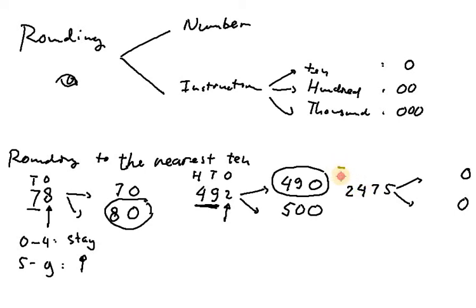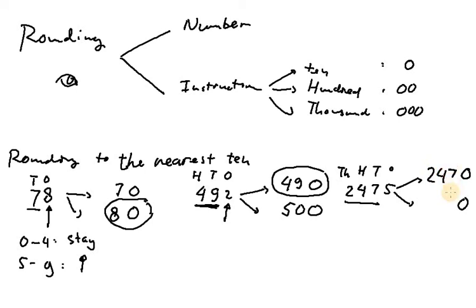This one is thousands, hundreds, tens, and ones, these are the place values, and we need to copy all the digits until the tens place.